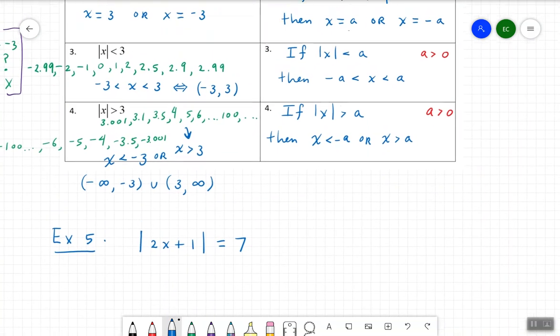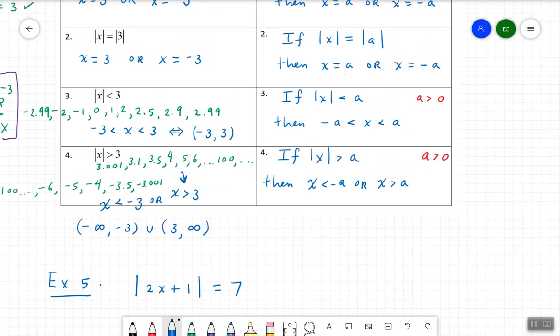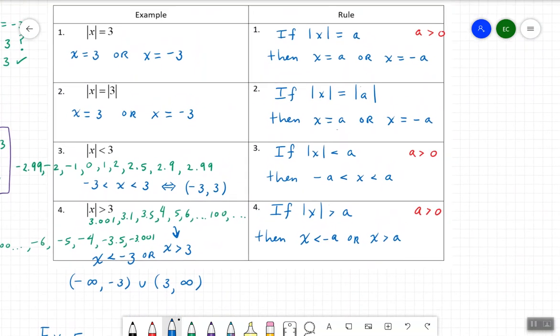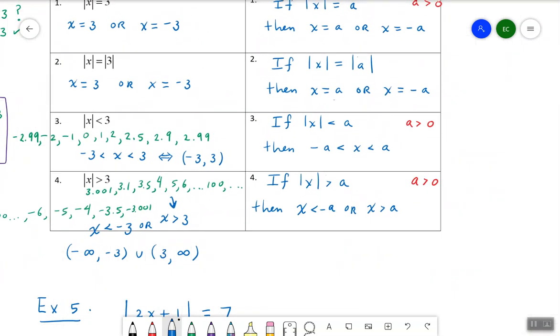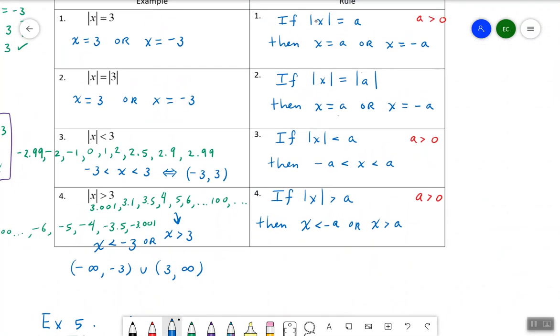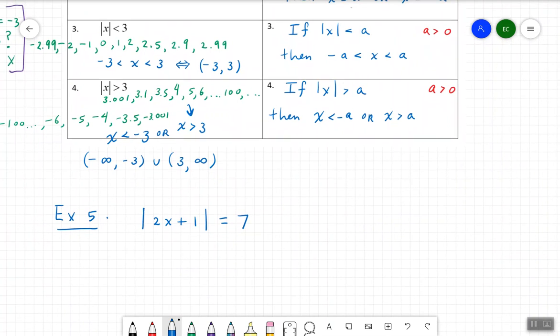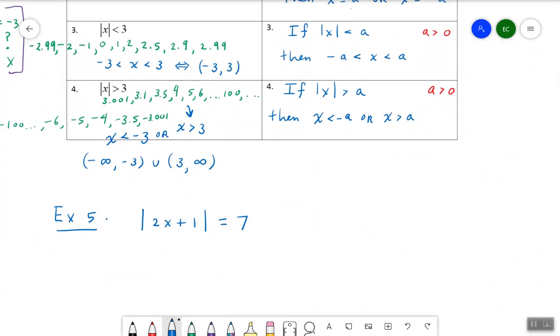And so you could look at your 4 different rules, and you would recognize that this is the first rule, where you have a variable expression inside absolute value on one side and a constant over on the other side. And so that's what we have in the example.